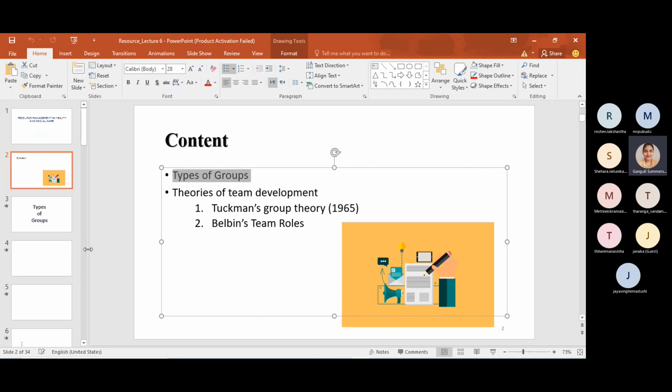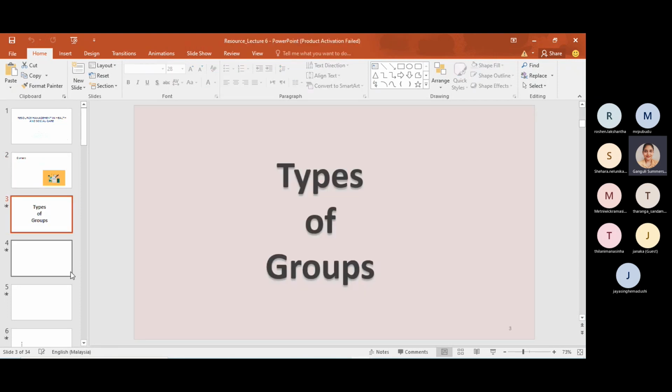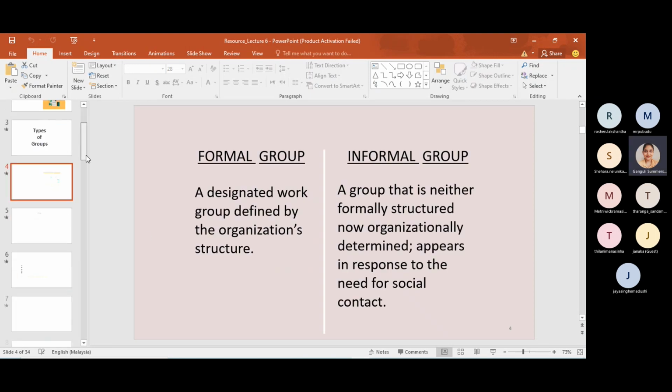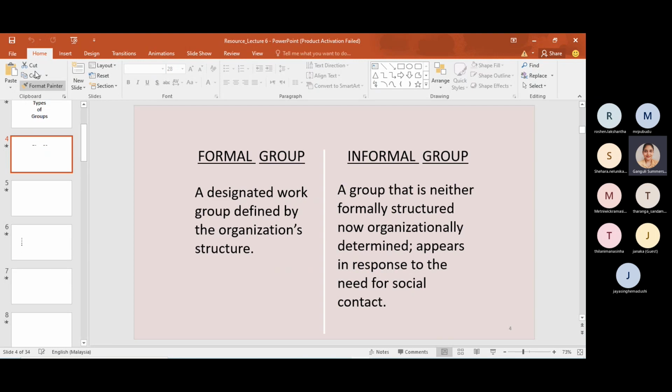So first we'll discuss the types of groups, and then we'll go into the theories. Usually there are two main types of groups: formal groups and informal groups.